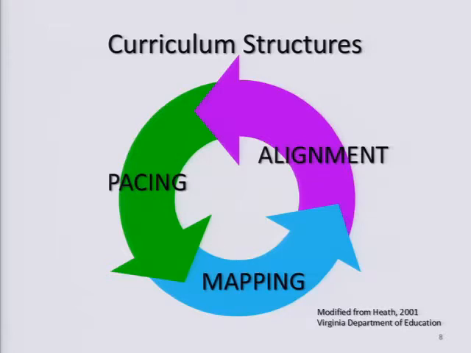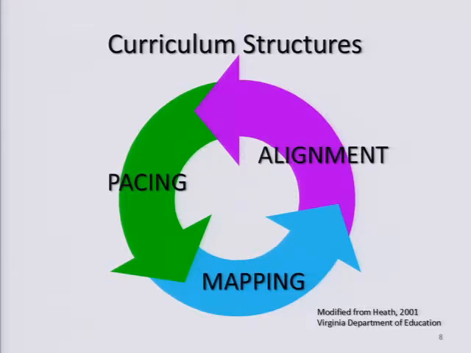Then you try to align what is mapped to what is pacing, bearing in mind that this process cycle allows you to change the pacing. I'm going to suggest there's a term that Scott's going to talk about a little bit later called curriculum architecting, and that's really pacing right here. Scott will talk about that in a little bit.